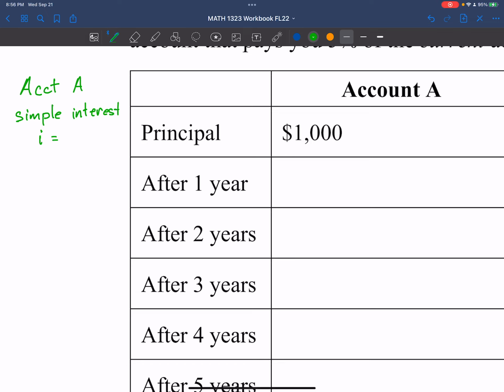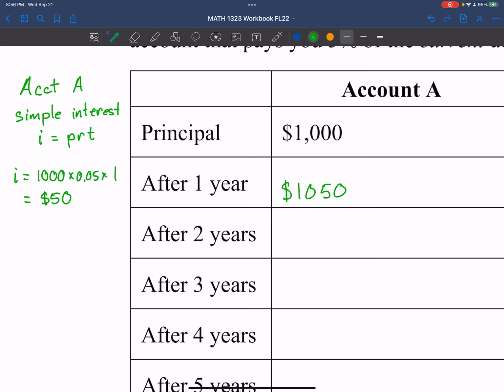I is equal to P times R times T. So I is equal to 1,000, our initial investment, times 5%, times, again, 1 year. Let's see how much is going to be in there. After 1 year, it is going to end up being 1,000, and if you did this, you would find that it's going to be $50. So you'll have $1,050 in that account.